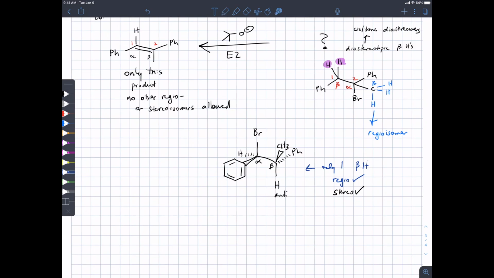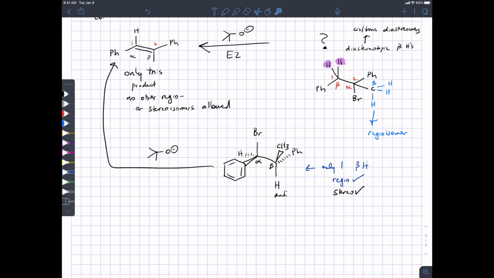Some of you might ask, do I have to use that enantiomer? No. If you use its enantiomer, it will also lead to this same non-chiral product, but you do have to use this diastereomer.